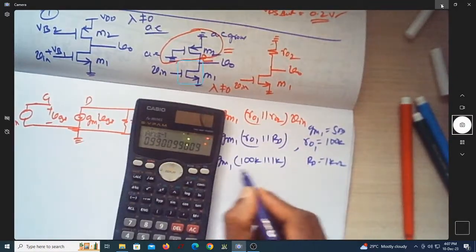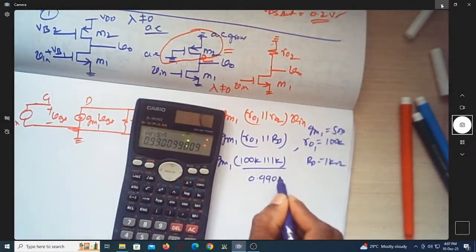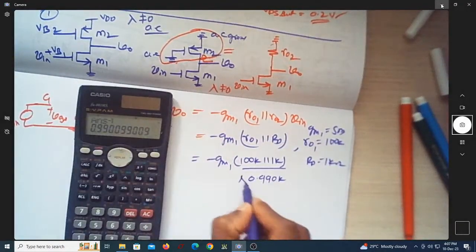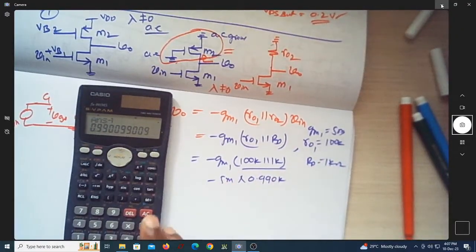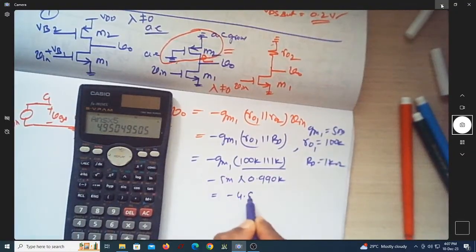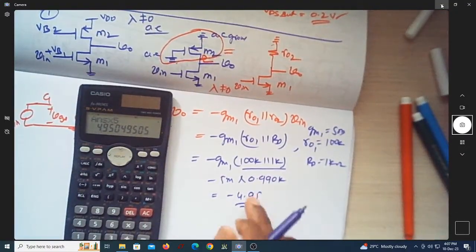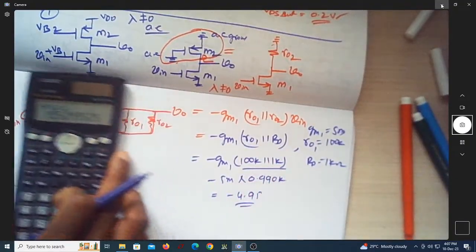That is, this parallel combination is 0.990 kilo ohms into minus 5 milli. This milli and that k will go, is it not, into 5? Do I have a gain of minus 4.95? This is the gain if you had a passive resistor.